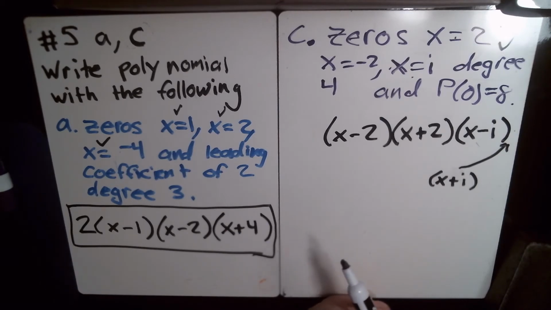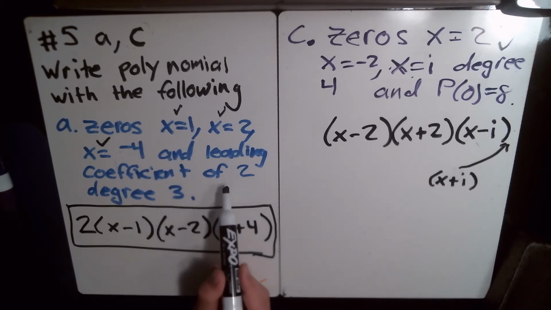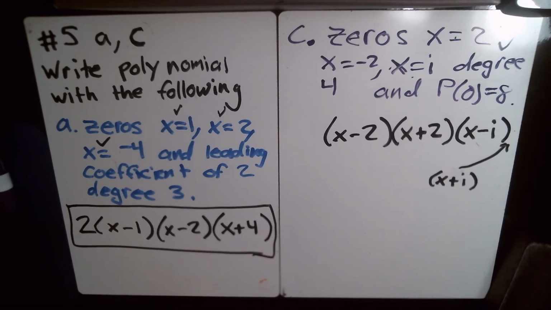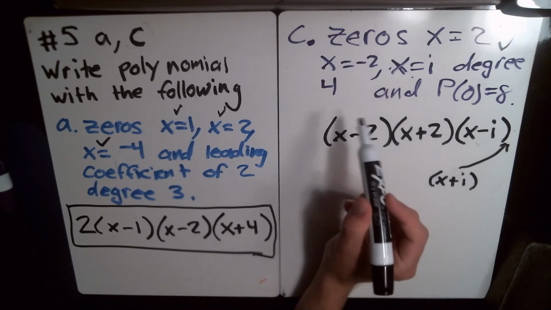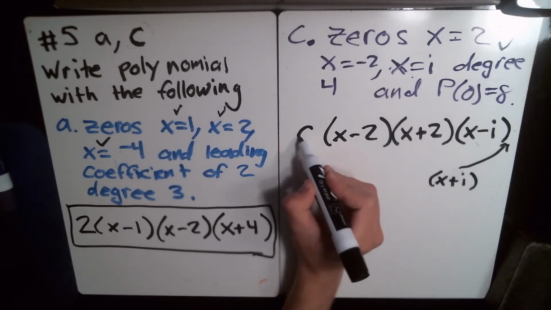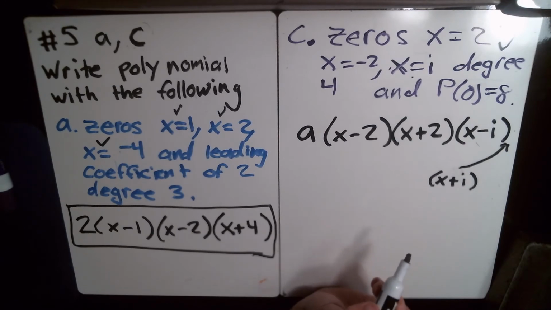Well, if you remember over here, to adjust the polynomial at the end, we needed a 2 in front, right? To be able to get this leading coefficient to be what we want. We can always throw a number on the front of this, like we'll call it A maybe.